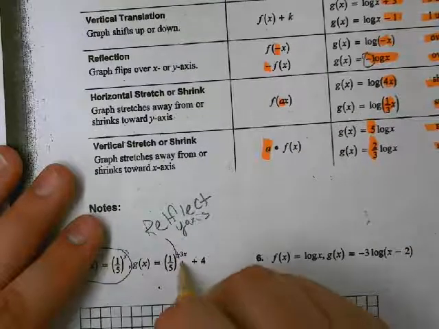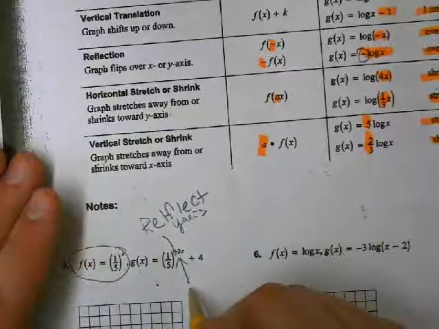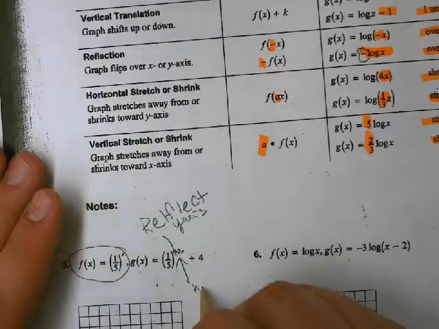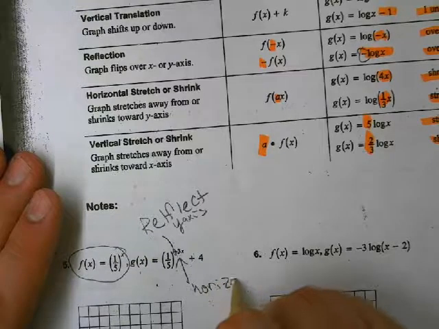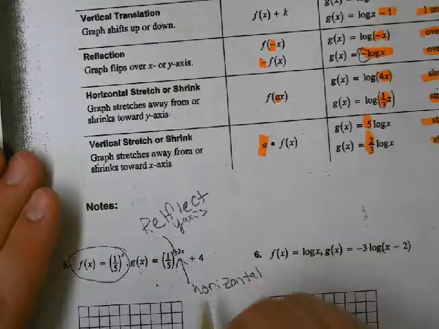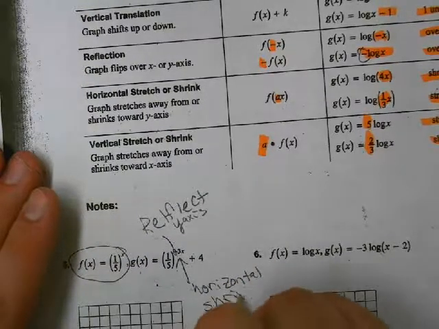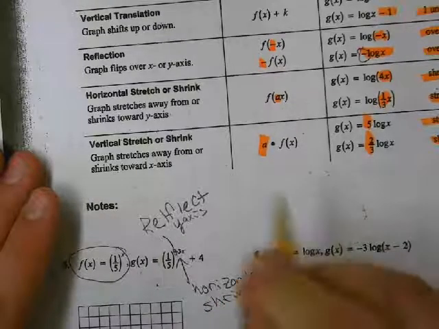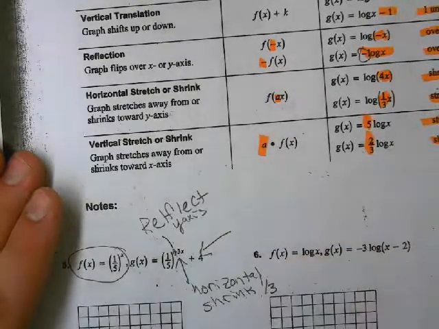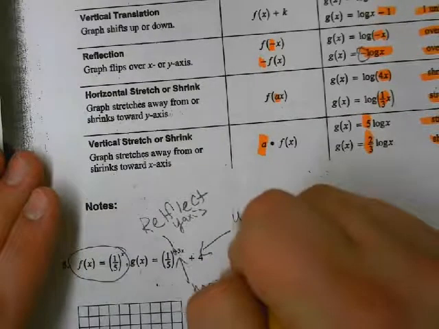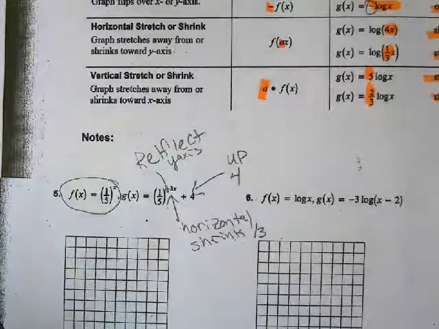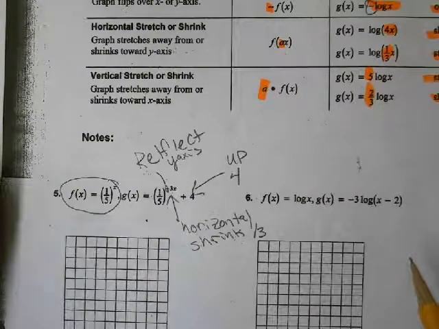This 3, it's contained by the x, so I know it's going to be a horizontal shrink of 1/3. This 4, what's it going to do? Is it going to make it go up by how many? 4. Right, that's what it's going to do. That's what's going to go on here.